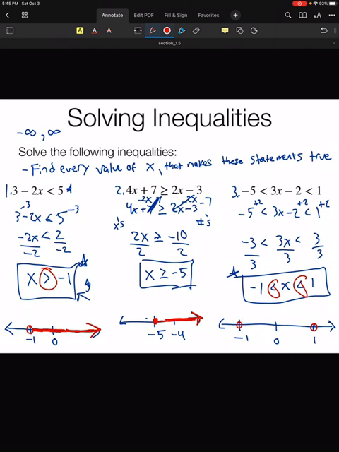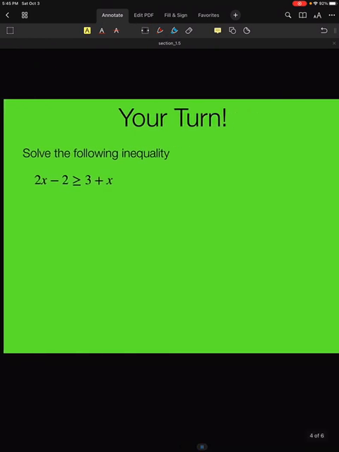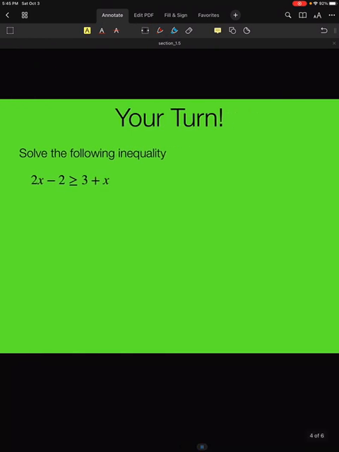So both have open dots, and you shade in the area that matches, and there we go. So those are 3 different examples of solving inequalities, and as you may guess, the next slide is a your turn. For this your turn, I want you to solve the inequality just like I solved those other 3.